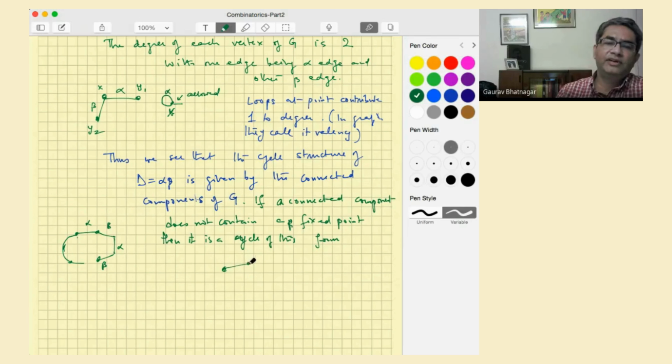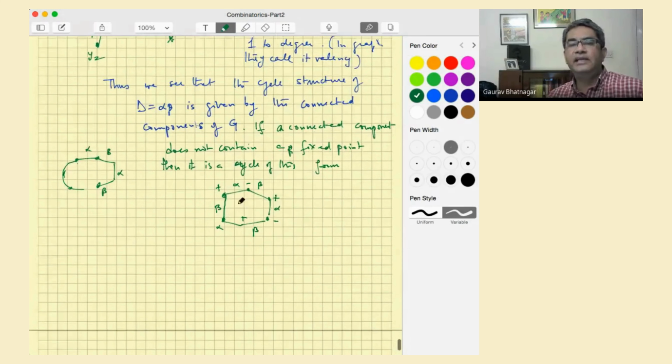Then it is a cycle of this form. So it starts somewhere, and let's say it starts with a plus, then it will go to minus, then it goes again to plus, because beta will take minus to plus, then this will go to minus, then this will go to plus, and something like that, and then maybe something like this.